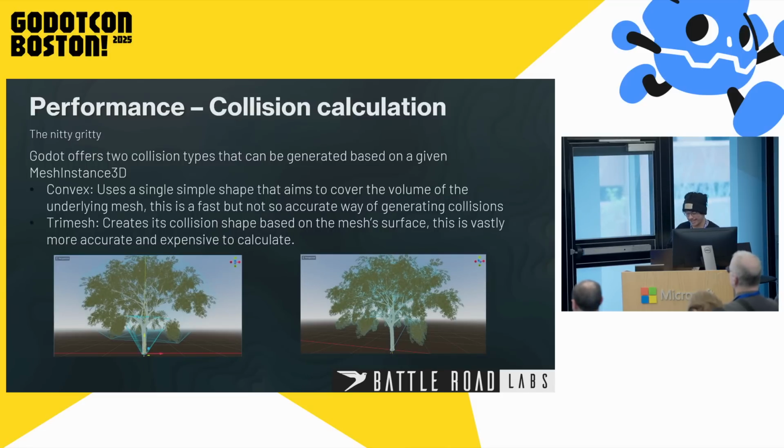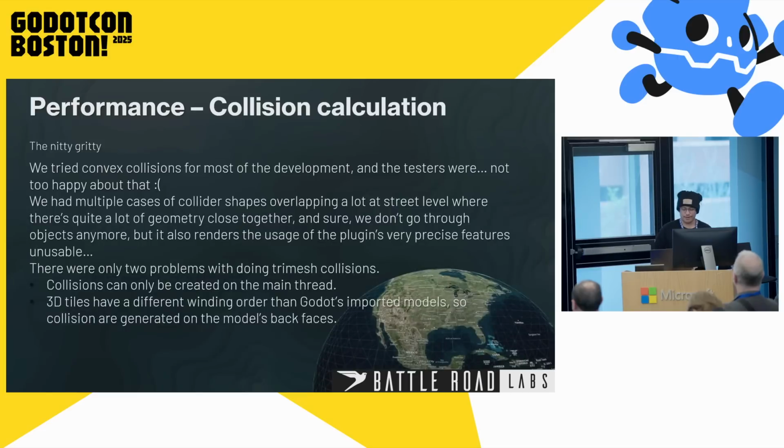Yeah, no, we can't. Okay, so how do we make collisions not take that much? Because, by the way, collisions can also only be generated on the main thread. So yeah, we tried convex collisions for most of development, and the testers were not that happy about that.